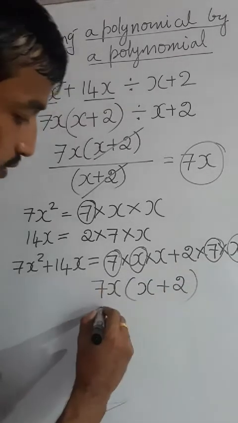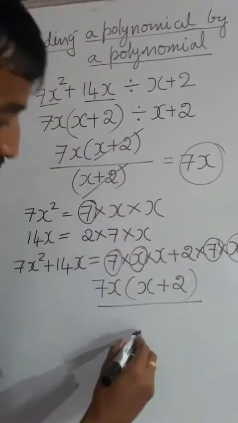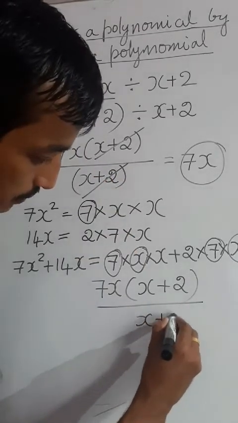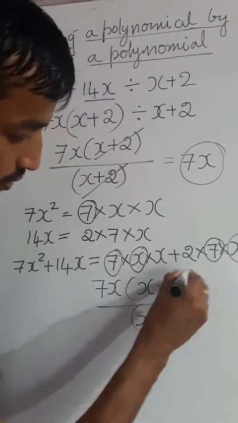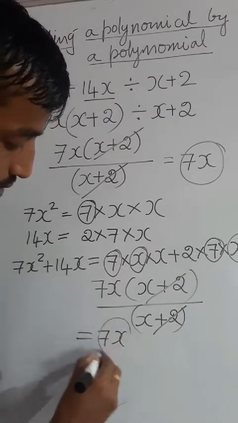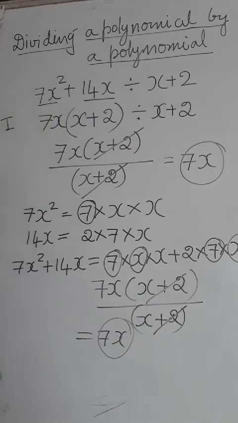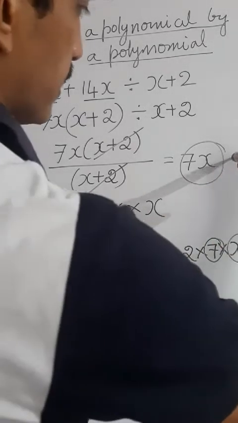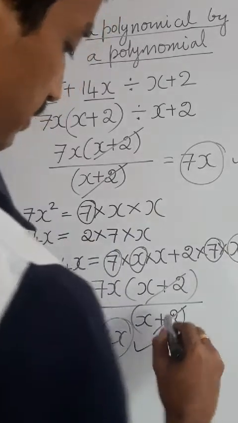Now you need to divide it by x plus 2. When you divide, finally you are going to get 7x. So both the answers are the same. Here also it is 7x, here also it is 7x.